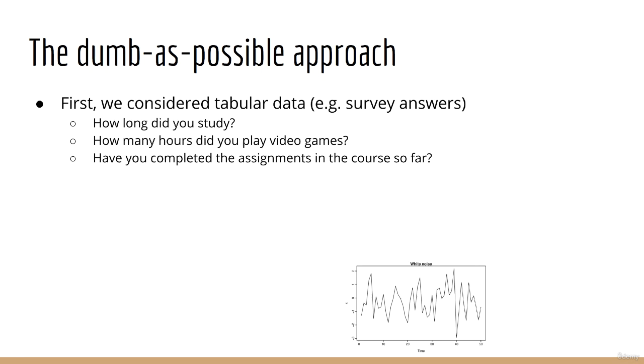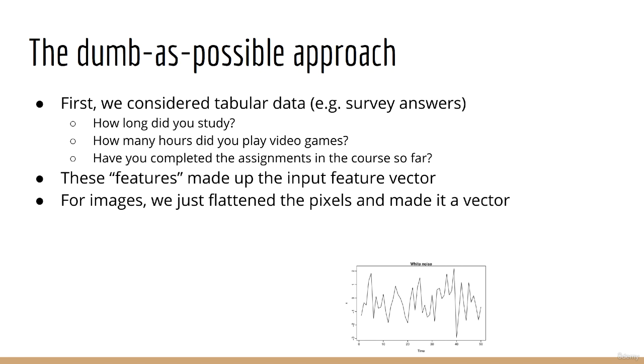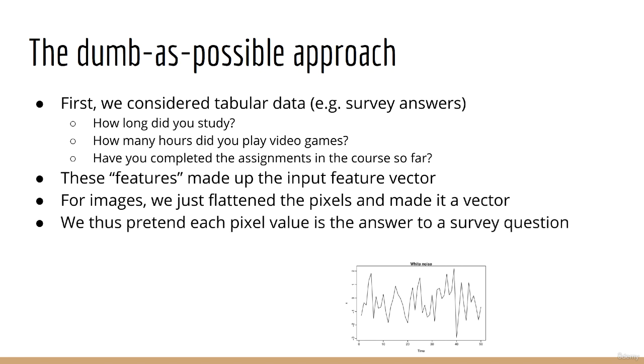And so on. These are called features, and they make up the input feature vector. Well, the dumbest possible approach for dealing with images was just to flatten the pixels of the image and pretend that it's a feature vector. Pretend that each pixel value is an answer to a survey question. In other words, this is all make-believe. You are just using your imagination.